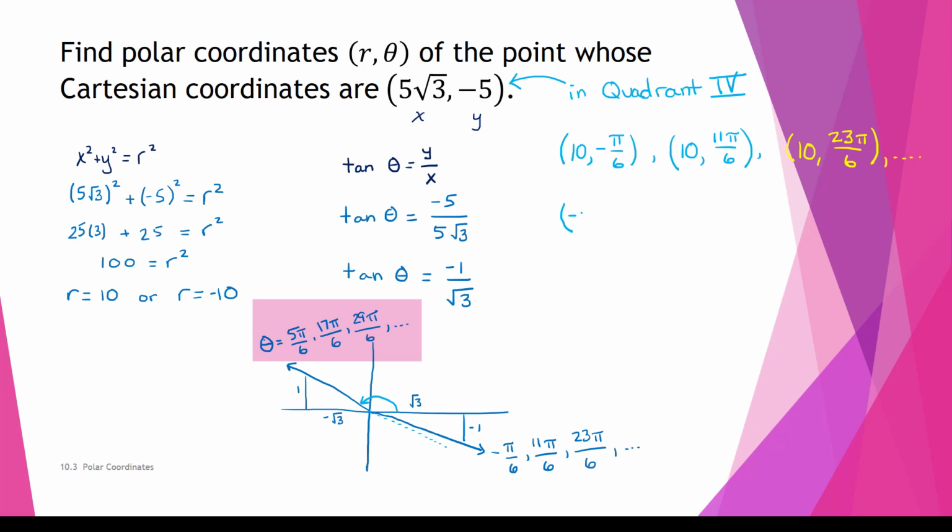So we have r comma theta being -10, comma, 5 pi/6, or -10, comma, 17 pi/6, or -10, comma, 29 pi/6, and so on. Again, we can replace the 5 pi/6 by any angle that is coterminal with 5 pi/6.